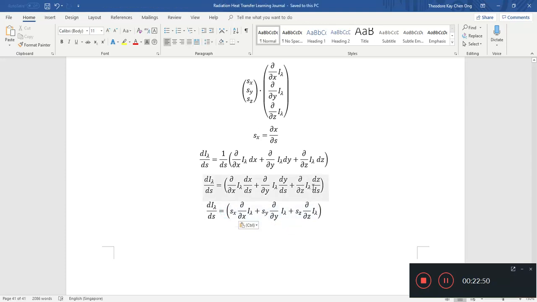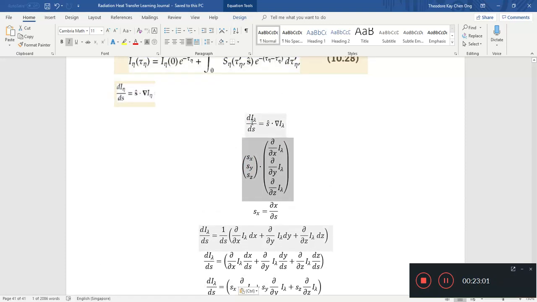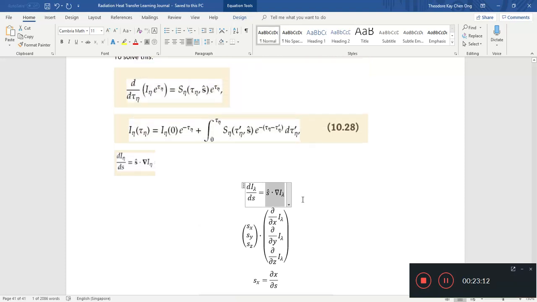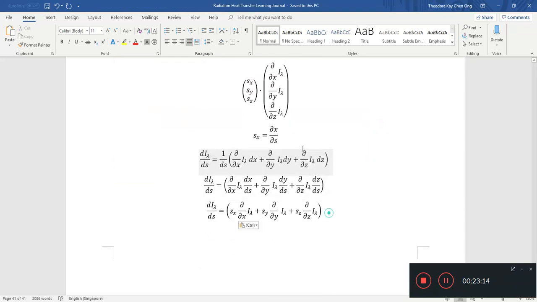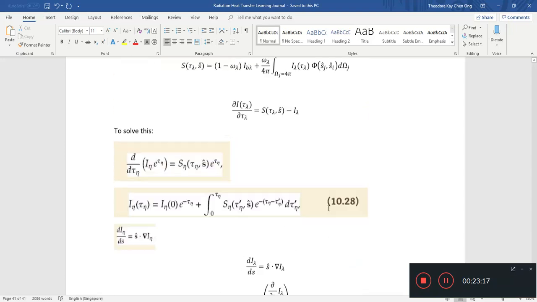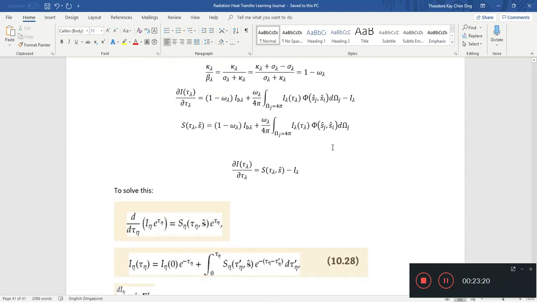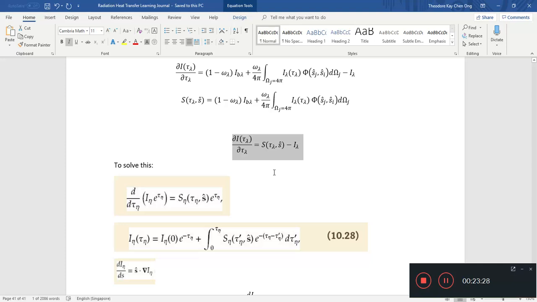So we can see that this expression is basically what this vector notation is. Hopefully that can convince you that these two are just two different ways of expressing the same thing. Just keep that in mind. I don't see us using that a lot, but the more important thing is you have this equation with you, and you know what the source term is, physically speaking.